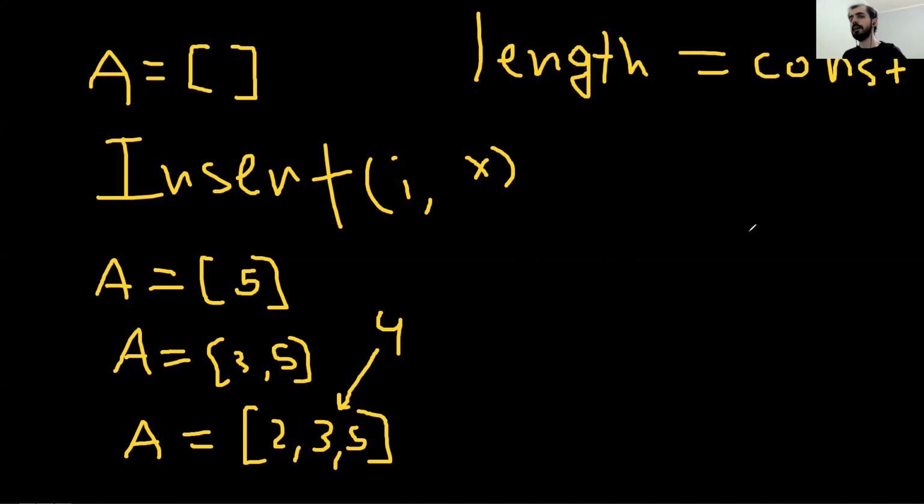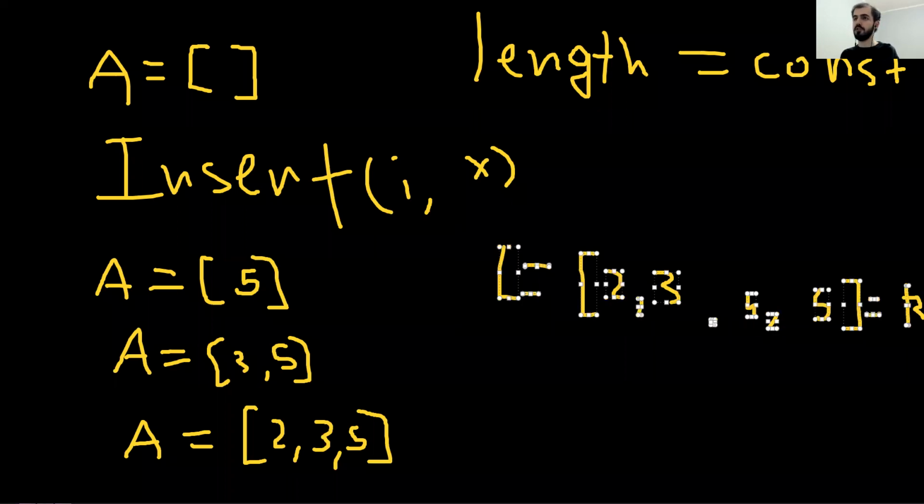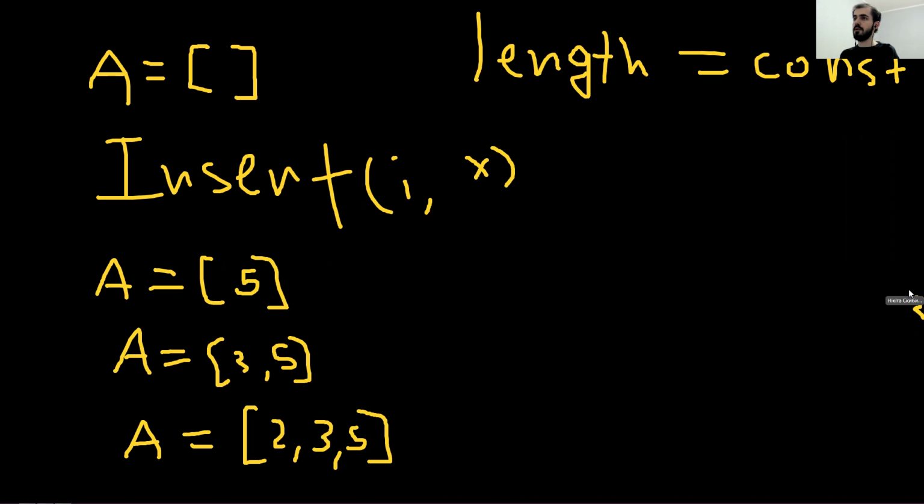What you actually want is some way to split your data structure into 2 halves, left and right half. And then you want to insert your new element here, and then you want to merge. You actually want 2 operations to be able to insert anywhere in your data structure.